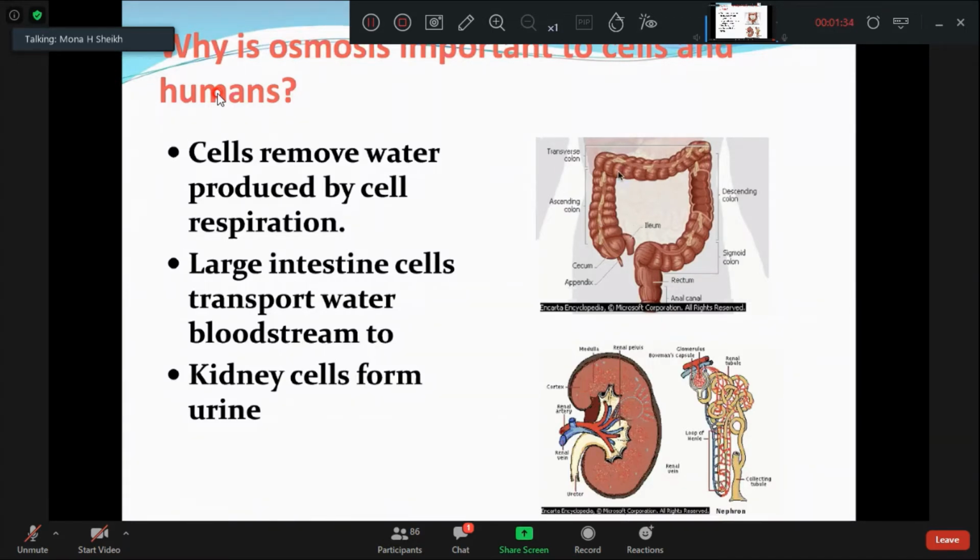So when you drink water, the large intestine will take most of that water and take it to the bloodstream by osmosis, because the blood is more concentrated than your gut. And the kidney will take the water from the urine in the distal and collecting duct by, again, osmosis. So all of these osmotic pressure gradient help me to conserve water in a passive phenomena without requiring ATP.